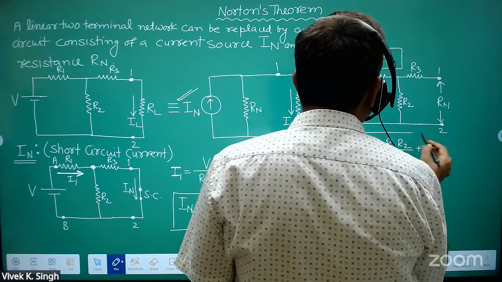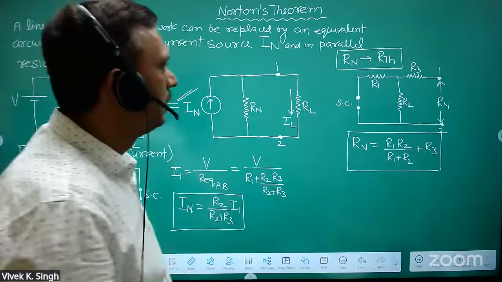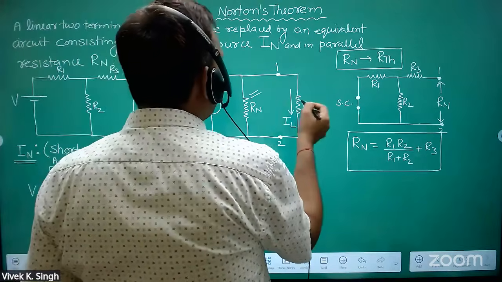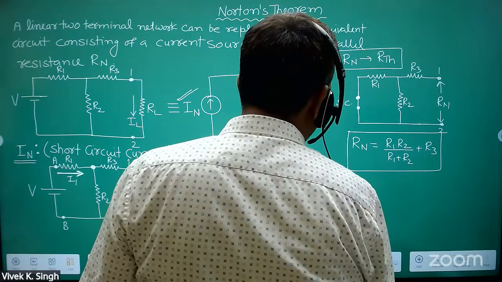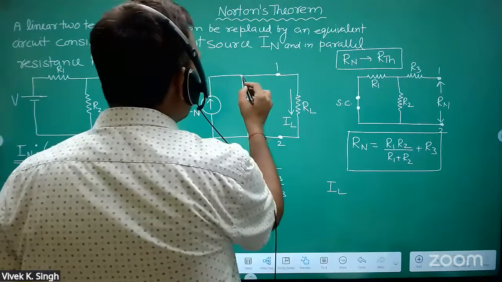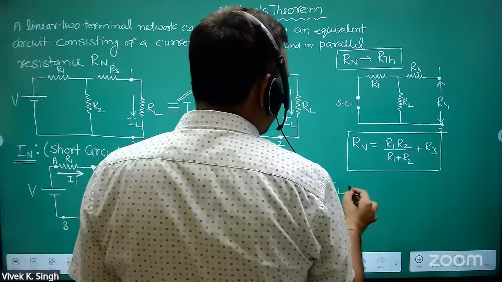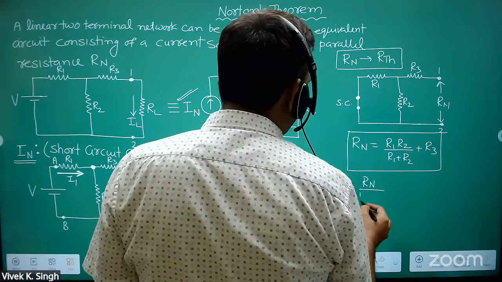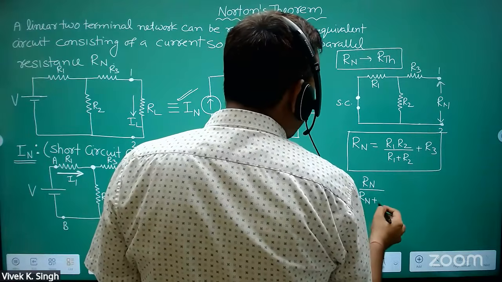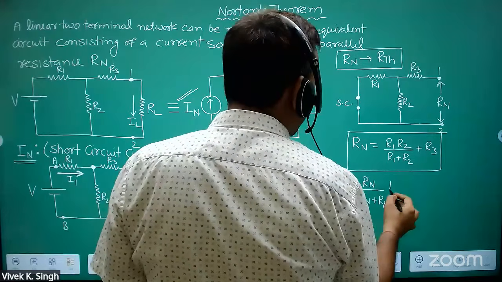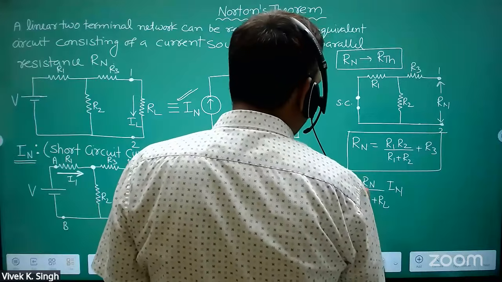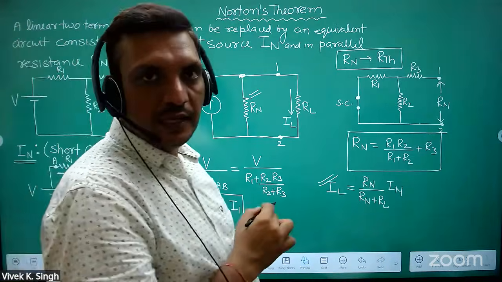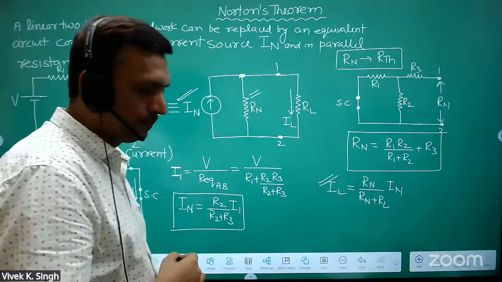So this will be Rn. And once you know IN and Rn, what will be IL? IL from current division rule, you should apply current division. So this is Rn by Rn plus RL into IN. So this will be load current. Clear? So this is the Norton's theorem.